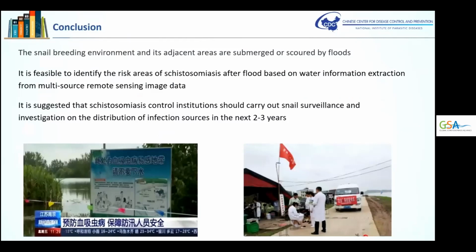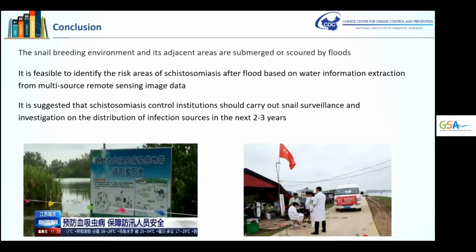So in this research, we reached the conclusion that the snail breeding environment and its adjacent areas are submerged or scoured by floods, which may lead to the formation of new breeding environments for snails, further impacting the snail area and increasing the risk of schistosomiasis transmission.